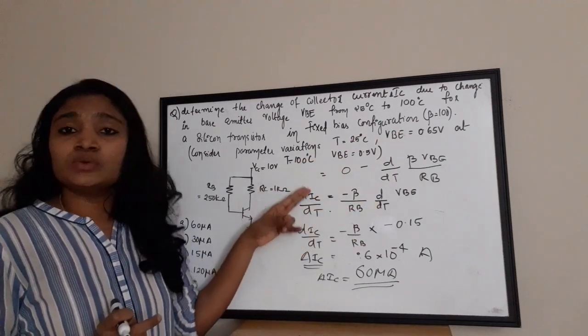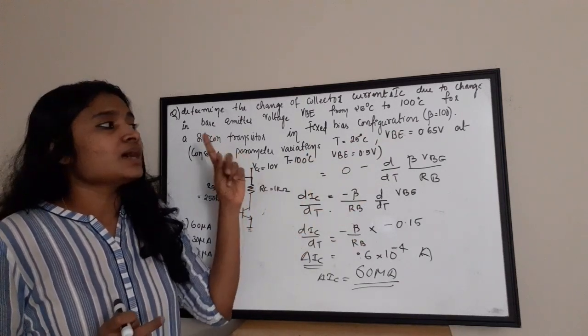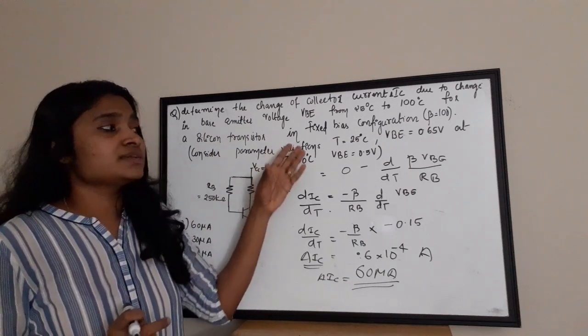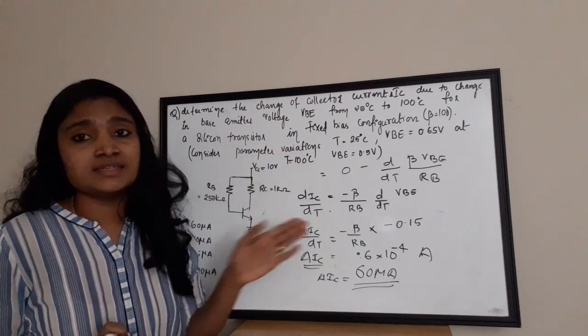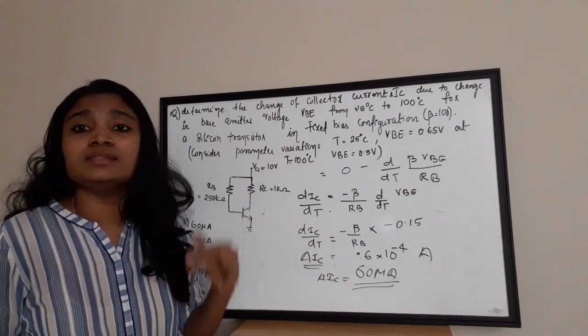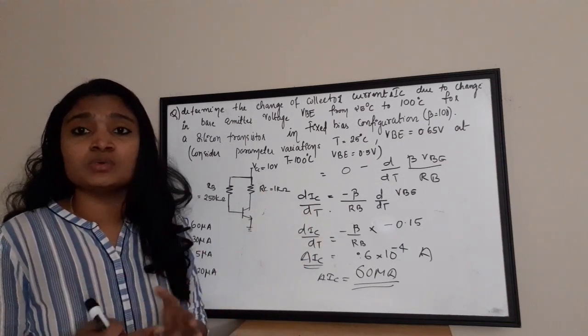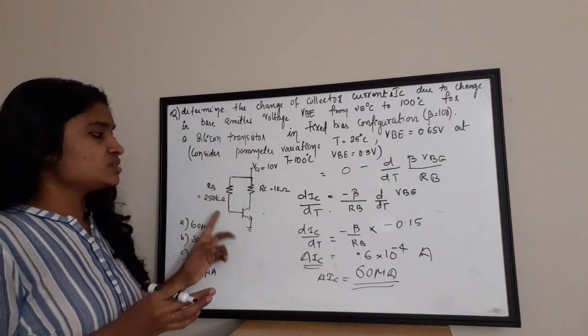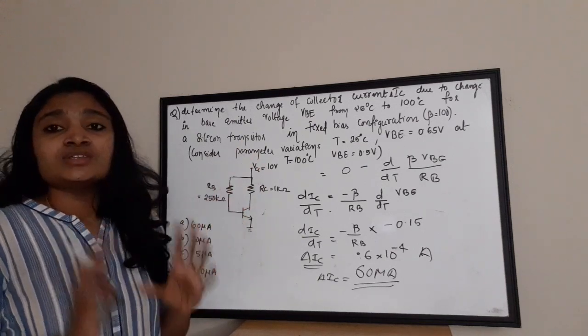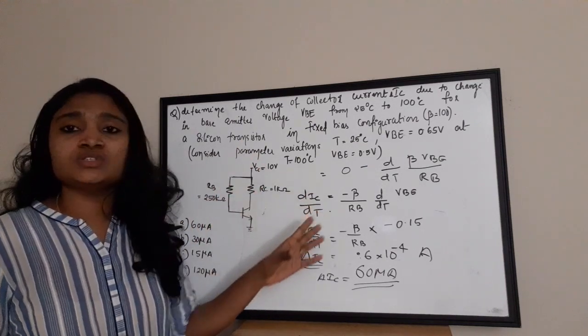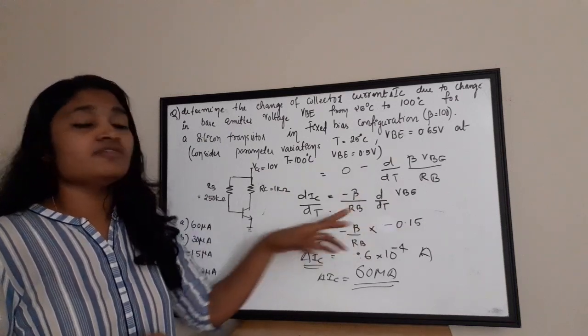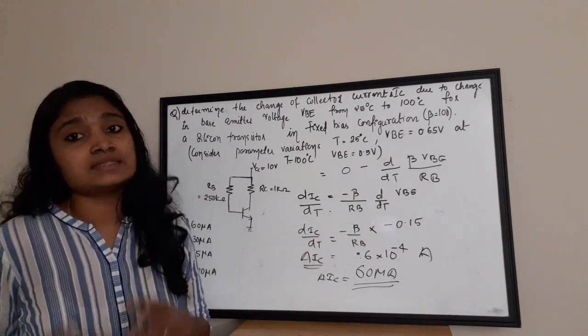We know that the relation between IC and IB, that is the collector current and base current, is IC is equal to beta into IB. And then we apply the equation for IB, which is equal to VCC minus VBE by RB. So, by applying the change inside, we can find the value of change in our collector current.